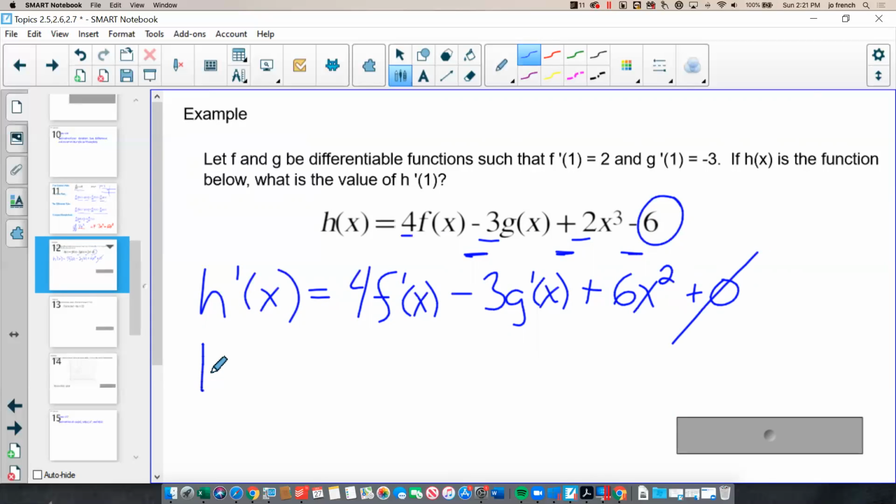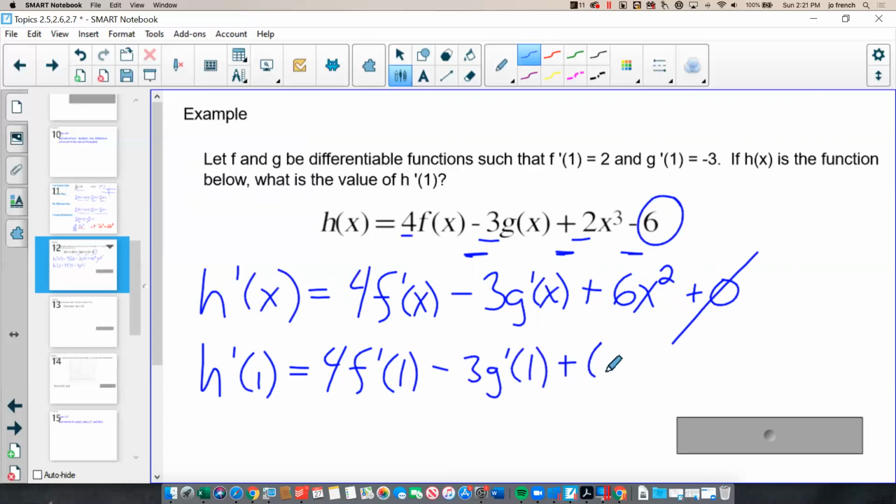Now to find h prime of 1, that's going to be 4 times the derivative of f at 1, minus 3 times the derivative of g at 1, plus 6, and here we plug in the 1 for x and square it.